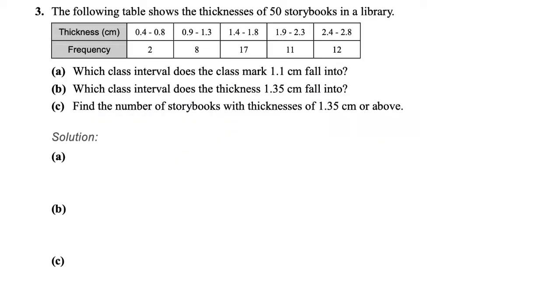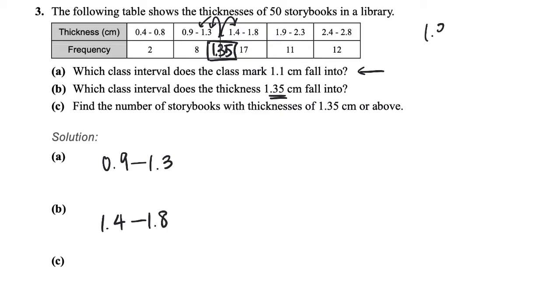Okay, the first one, 1.1, of course, it will go to this one. That means 0.9 to 1.3, this one. And then for 1.35, this time you have to know that here will be the class boundary of this one as well as this one. But it will only lie in 1.4 to 1.8 because the upper boundary is excluded.